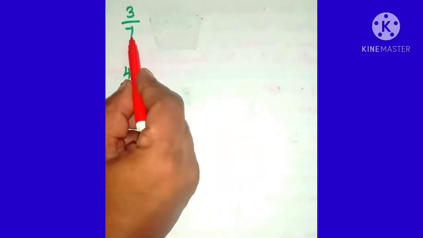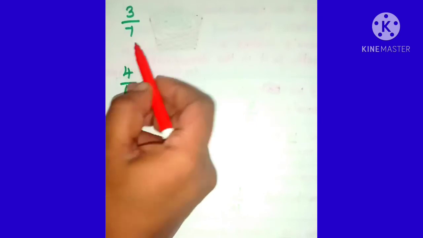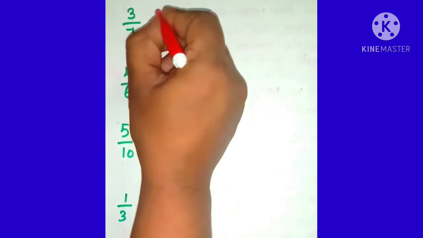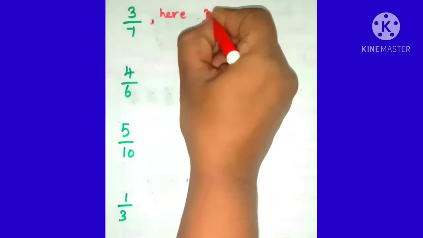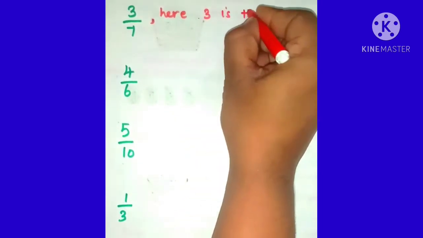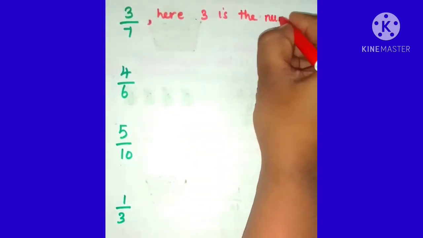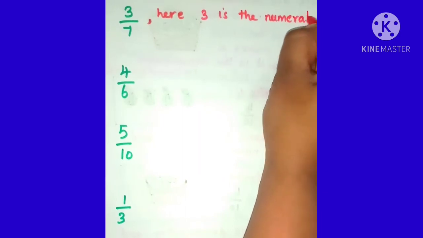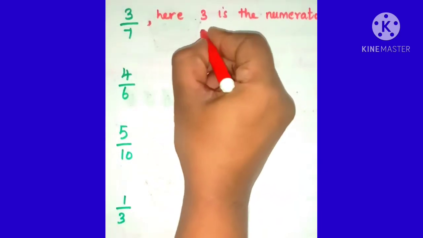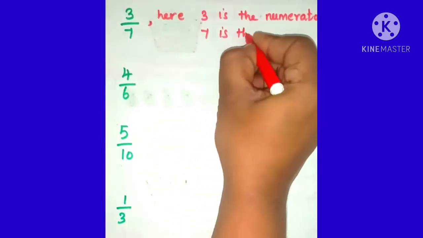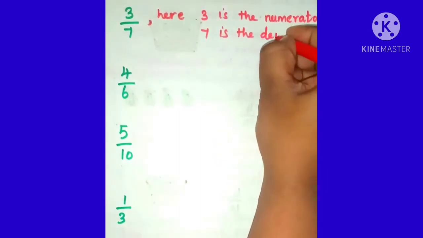So, children, we know that the top digit in the fraction is known as the numerator, and the bottom digit in the fraction is known as the denominator. So, here 3 is the numerator and 7 is the denominator.